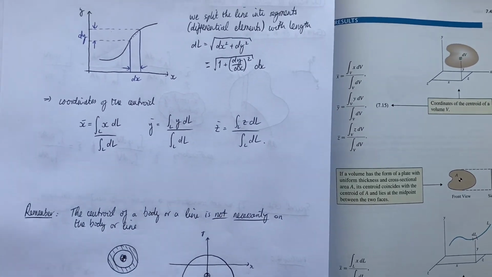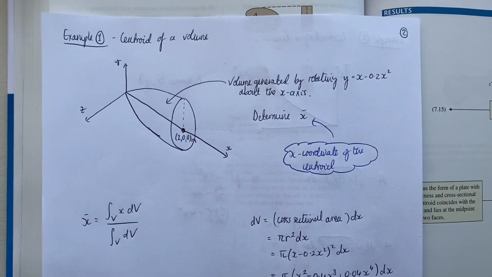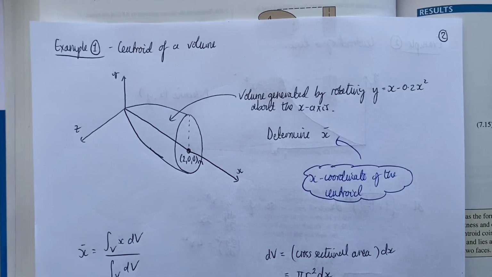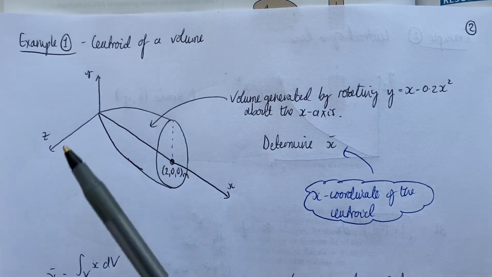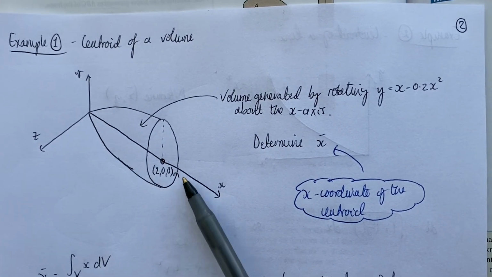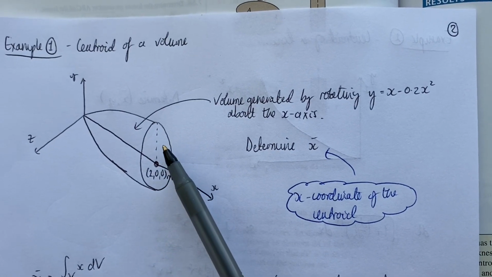So now let's go ahead and have a look at a couple of examples. This first example I've got here is regarding the centroid of a volume of this shape here, which is kind of like a cone shape, I guess.